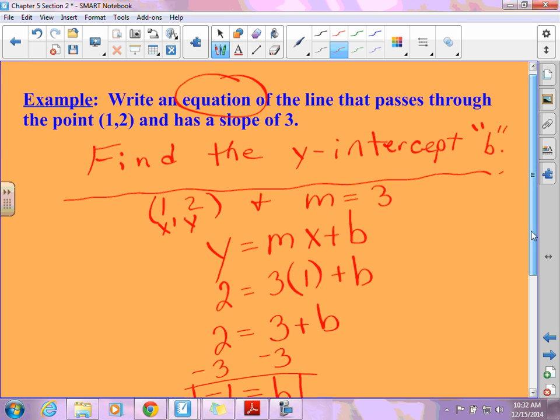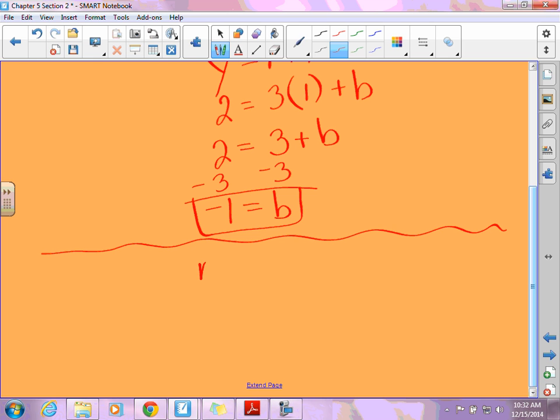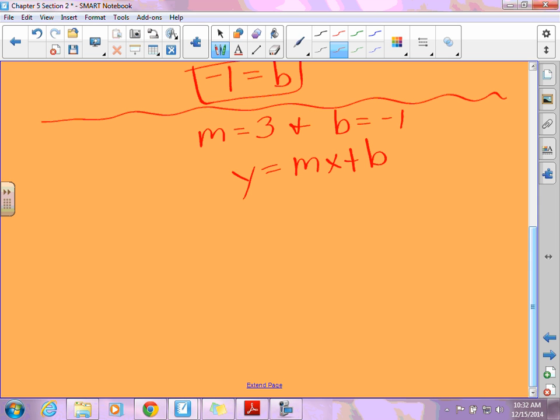So our m was 3, and our b is -1, and I'm going to put it in the equation y equals mx plus b. So y equals 3x plus a -1, or y equals 3x minus 1. And I'd accept both.